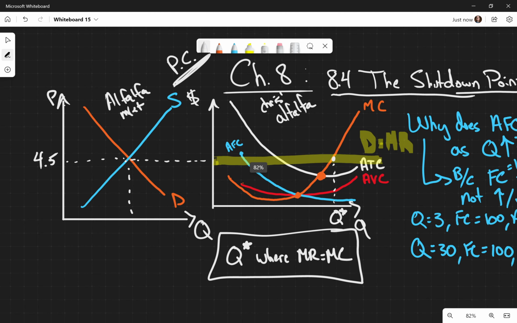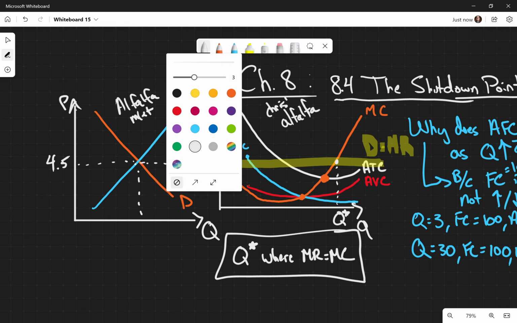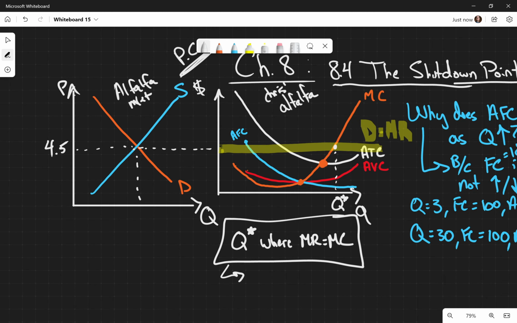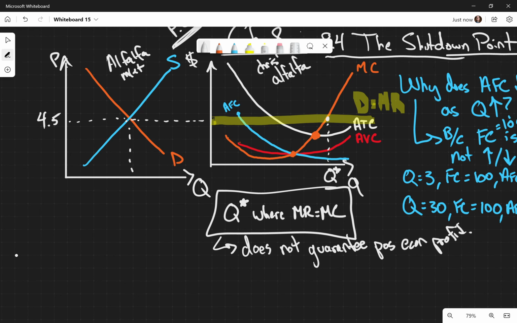Now let's talk about the fact that this profit maximization rule, just doing this, does not guarantee a positive economic profit. That's part of the reason why this rule is often talked about as profit maximizing, but the flip side of that is loss minimizing.